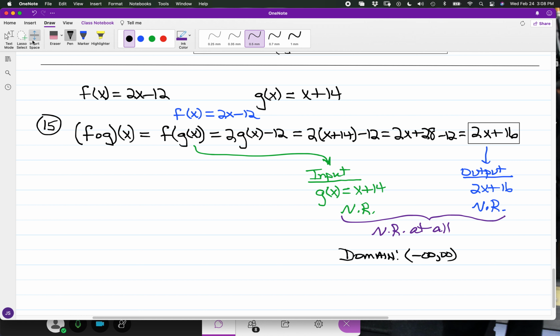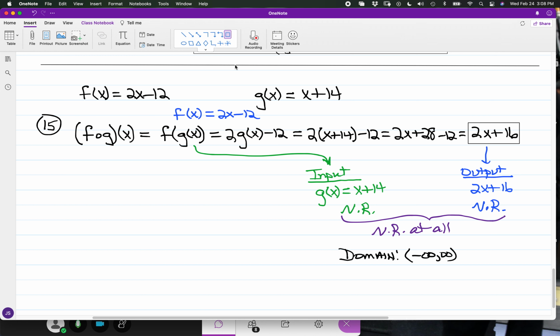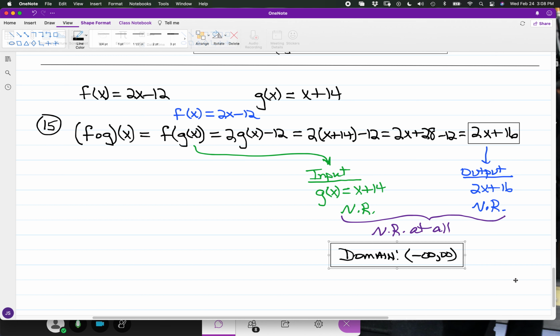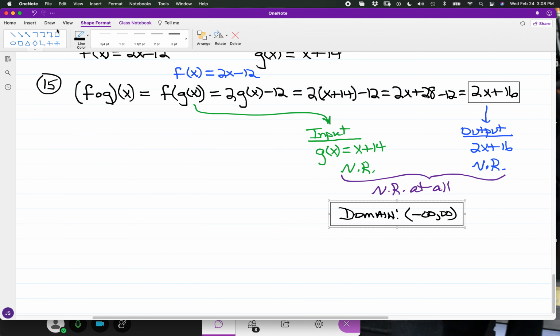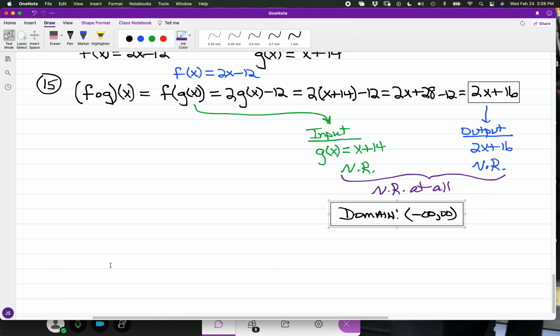And if I reverse the order of the functions, we have for the next composition, f of x equal to 2x minus 12, and g of x equal to x plus 14.